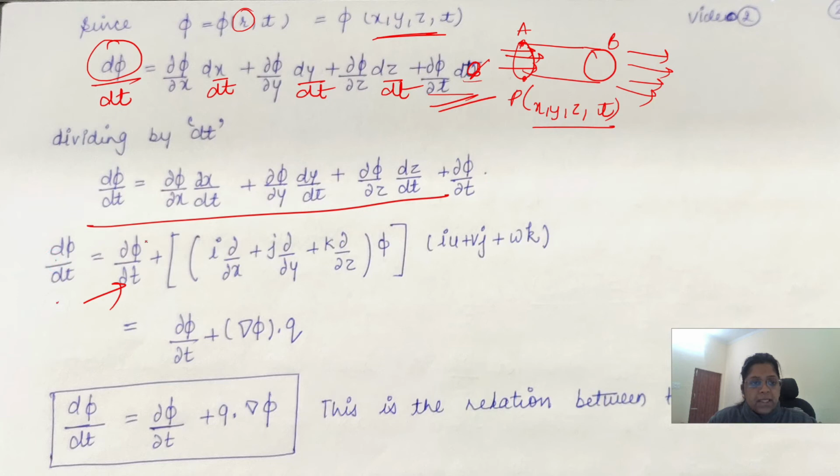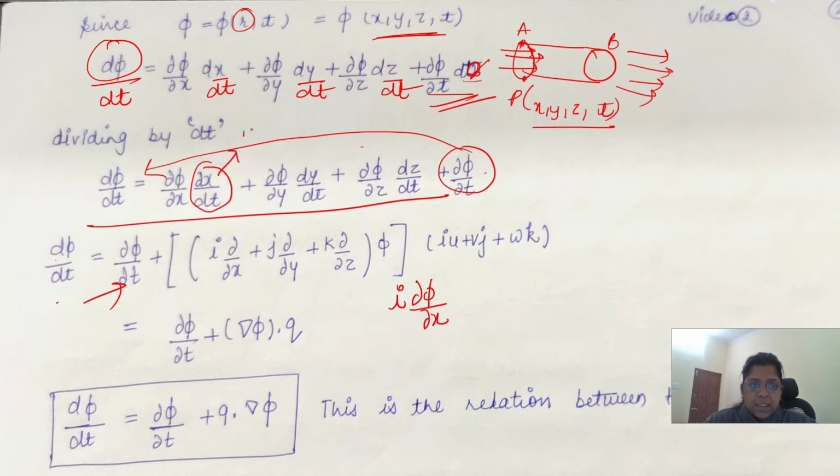Now I can write d phi by dt as del phi by del t at the first position, then del phi by del x with i, and so on. dx by dt is u, dy by dt is v, and dz by dt is w.